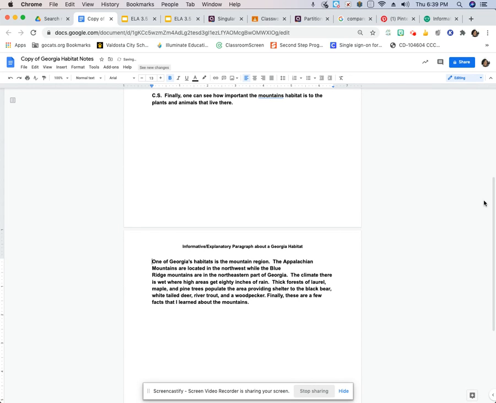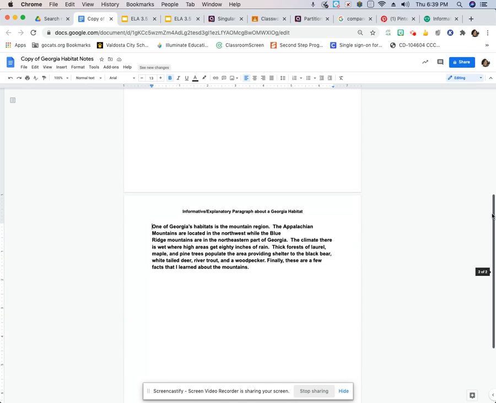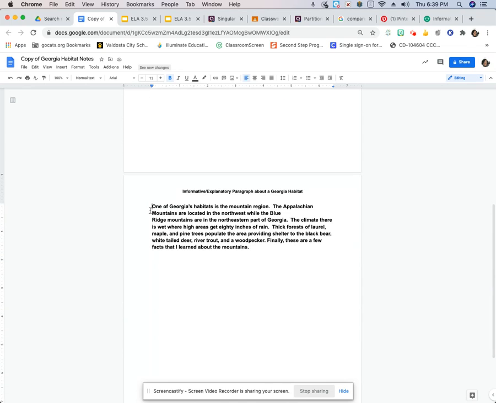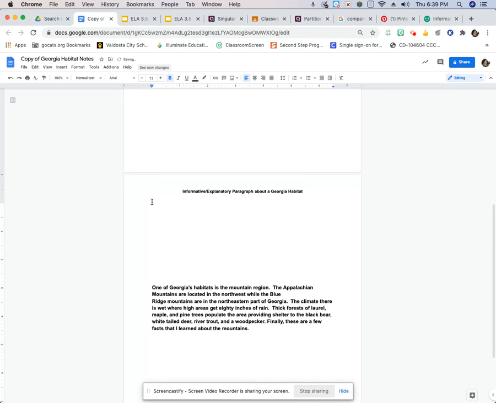Okay, so I've got my single paragraph outline on one page, and I've got my body, my second paragraph here. But I'm going to move this down so that I can do my introduction here. Okay, at the indent. So I'm going to start here.